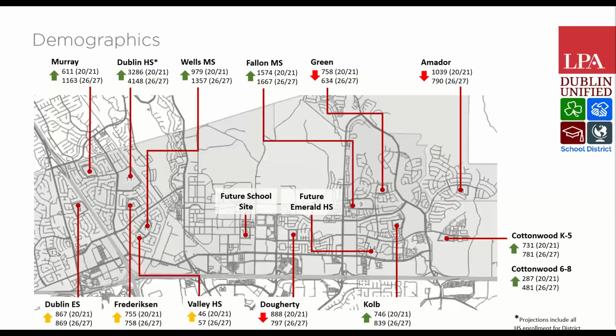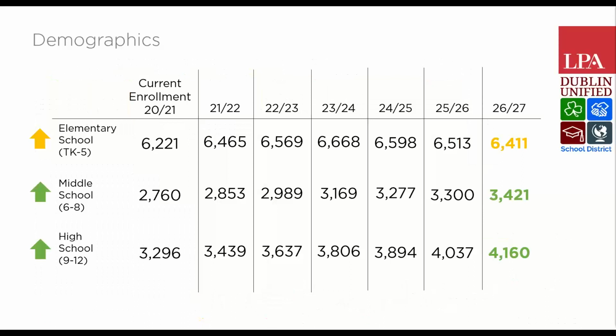In this next slide, you can see through these arrows how the enrollment will be projected for the next 5 to 6 years. For elementary school, the current enrollment is about 6,200 students, and in 2026-2027 it's expected to increase by about 200 students. Middle school and high school are increasing by larger numbers.